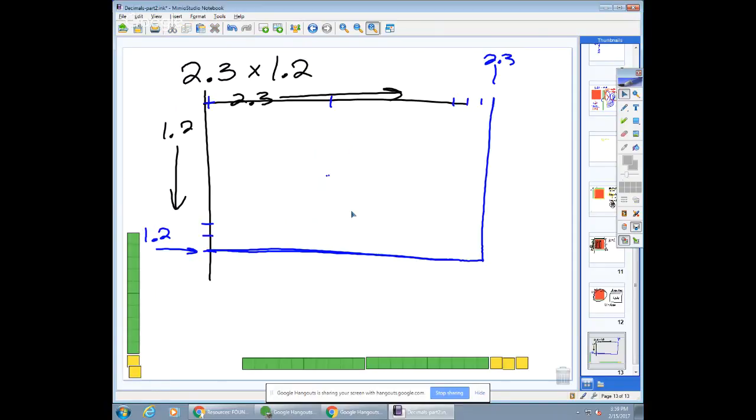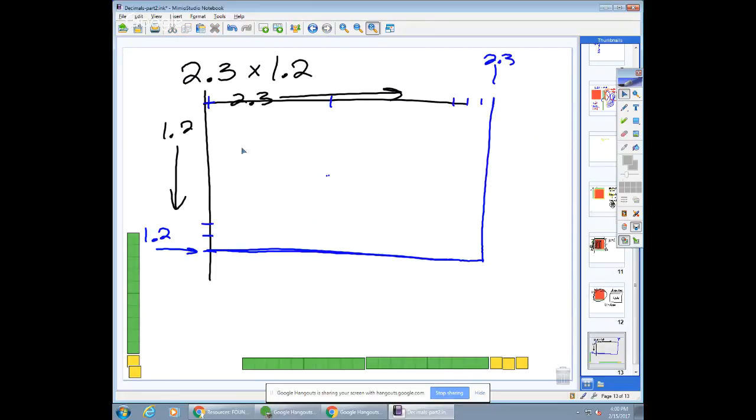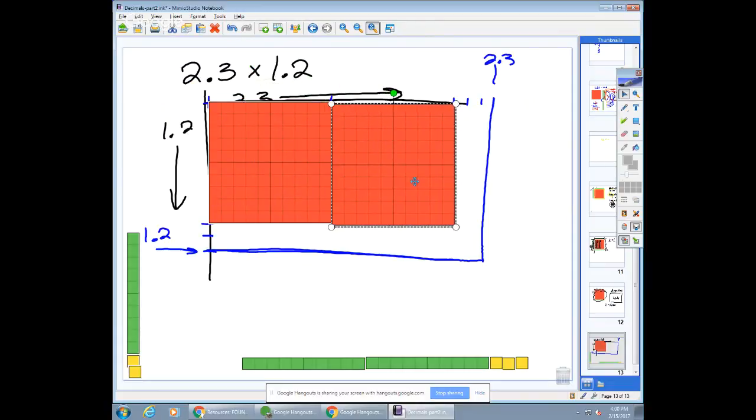I need to fill in this rectangle. So let's see. Usually when I'm filling an area, I try to put the biggest things in I can first. So I'm going for those big red guys, those flats. And I can fit a full one right here. I can fit another full one right here. I don't think I can fit any more big ones, agreed?